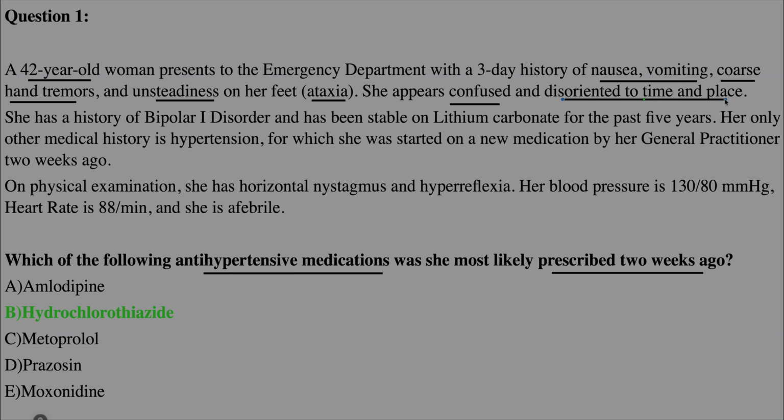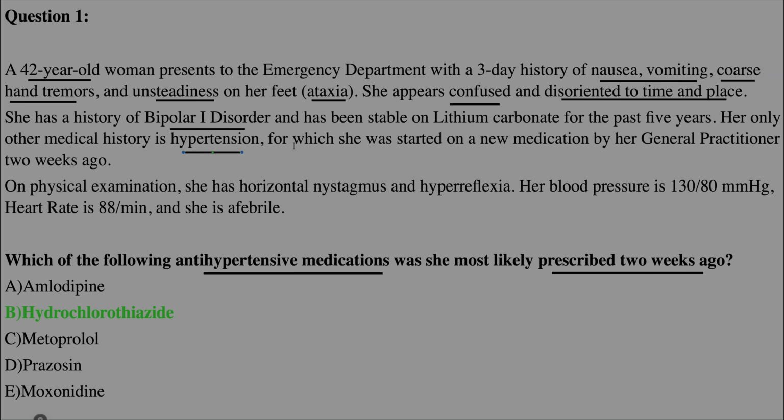Now, step 3, the history. History can be past medical history or past surgical history. They might have given what operations or surgeries she has had in the past, and what medication she is currently on. In this vignette, she has a history of bipolar 1 disorder and hypertension.